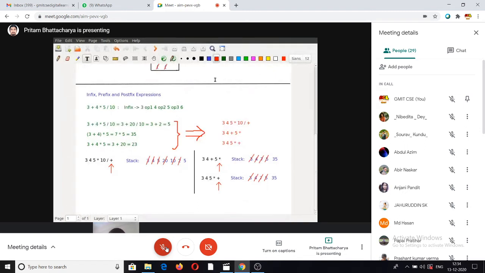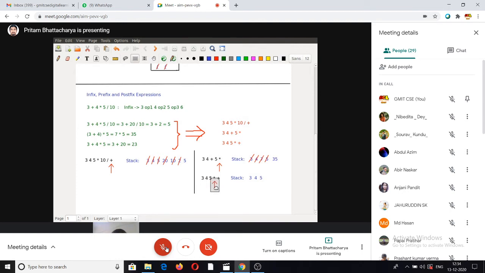Initialize with the pointer pointing at 3, and the stack is initially empty, but you push in 3, 4, and 5 one after another because they are all operands. As long as you don't see an operator, you just keep pushing the new operands into the stack. So 3, 4, and 5 have been pushed.